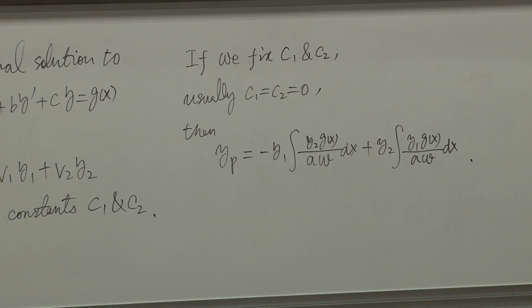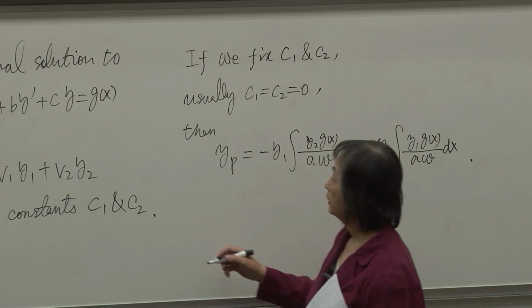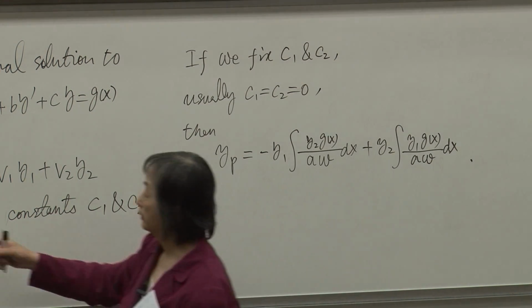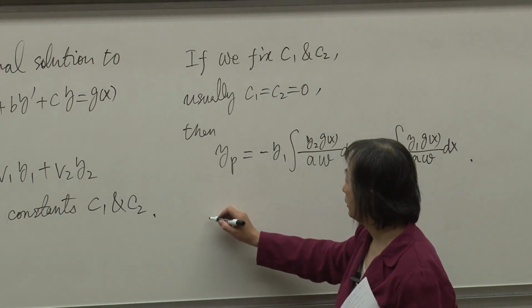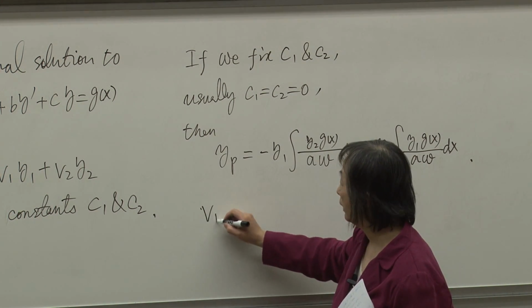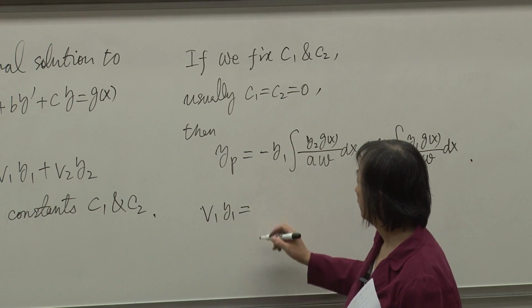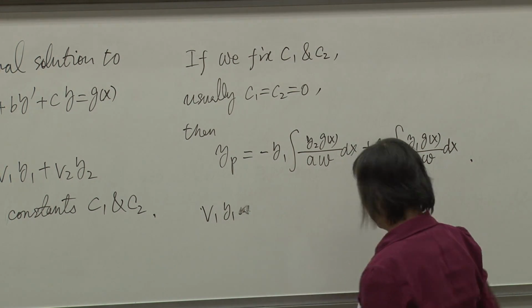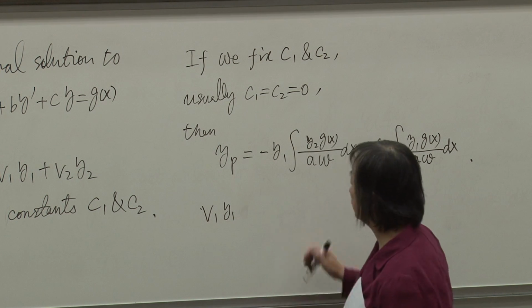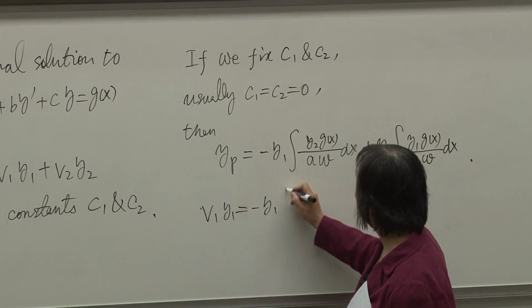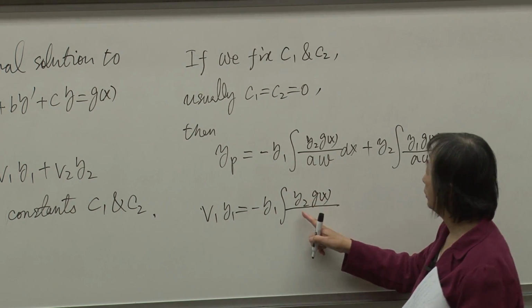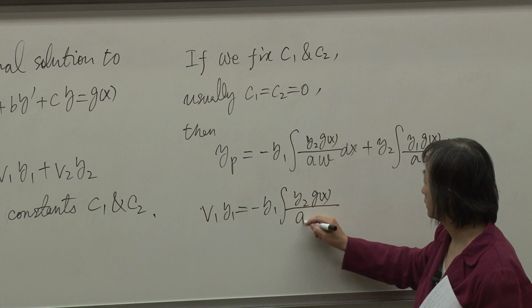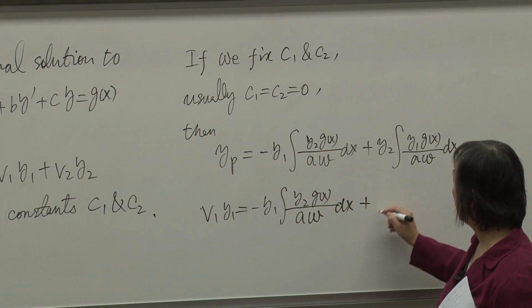Don't we also have to add homogeneous parts to the general solution? Right. So if you look at the expression of v1, v2, if we multiply v1 by y1, in general, we would get negative y1 times the integral of y2 g of x over a times the Wronskian plus c1 y1.